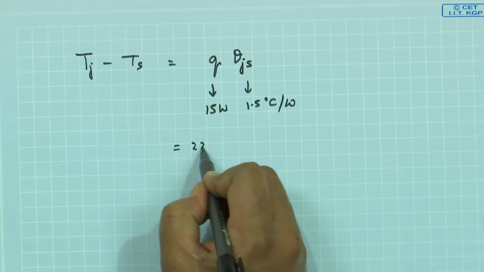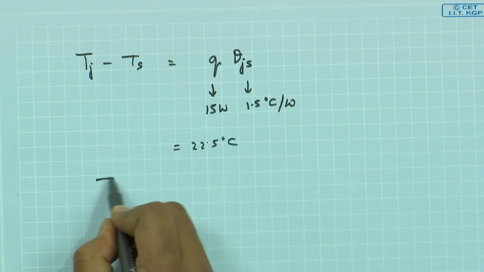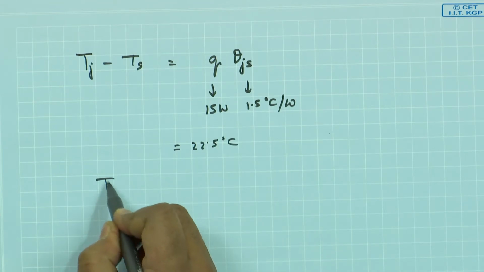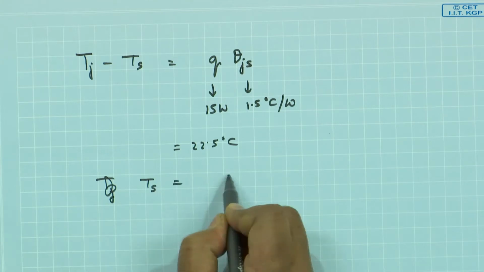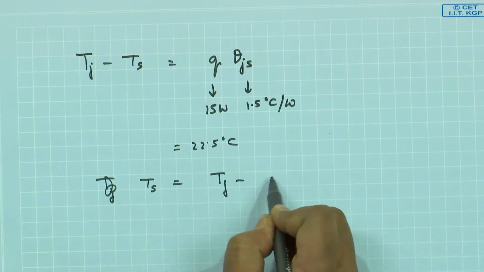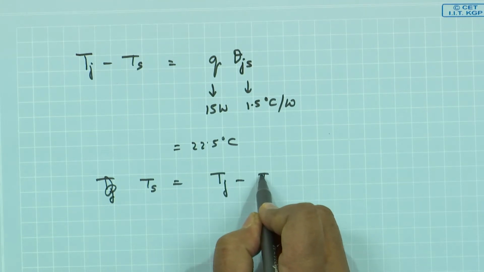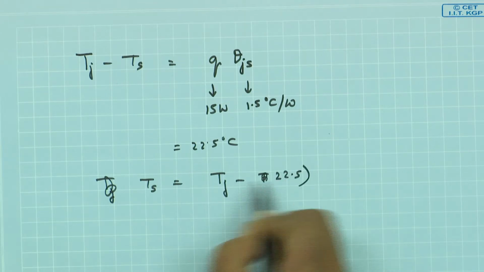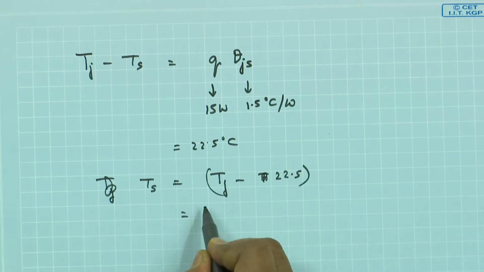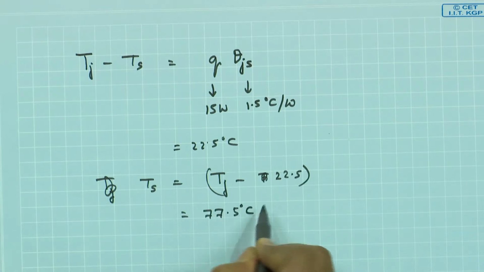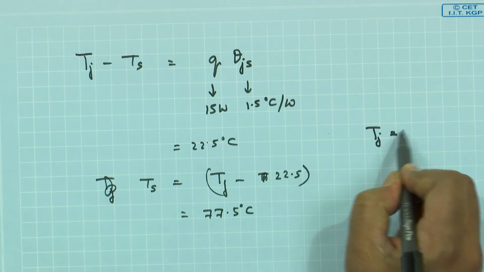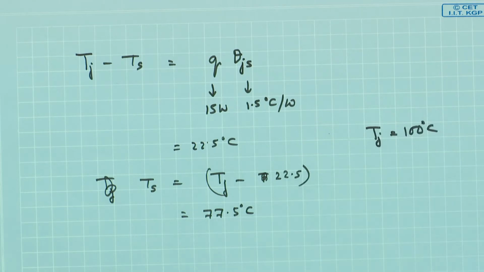So, therefore, this is 22.5 degrees C. Therefore, the sink temperature is going to be Tj minus 22.5, which is 77.5, because Tj is given as 100 degrees C. Yeah, simple calculations that we do, that is all.